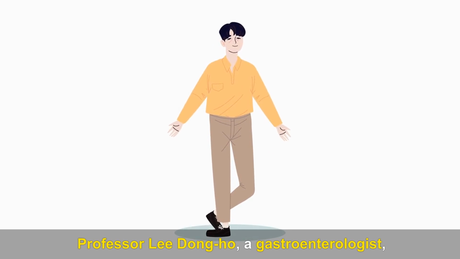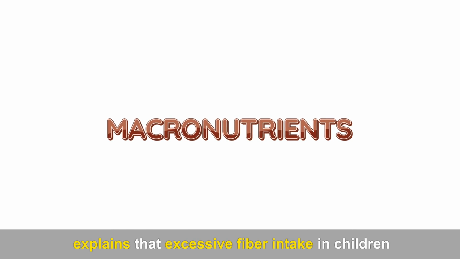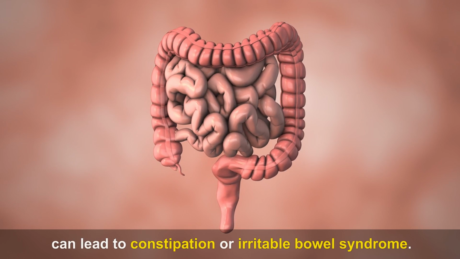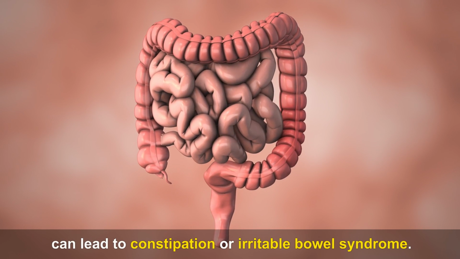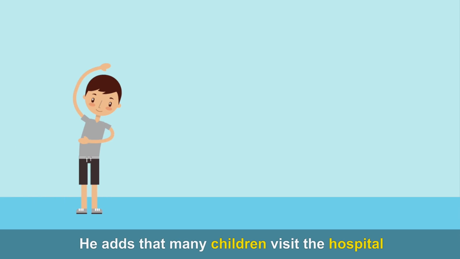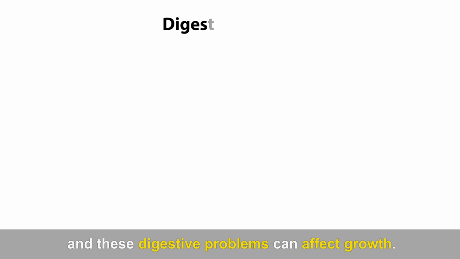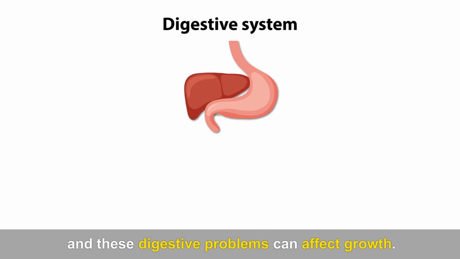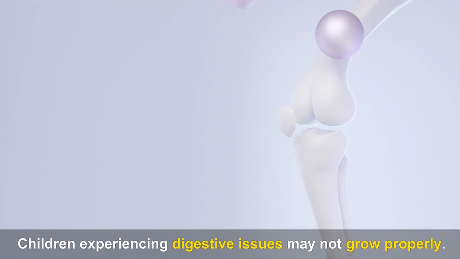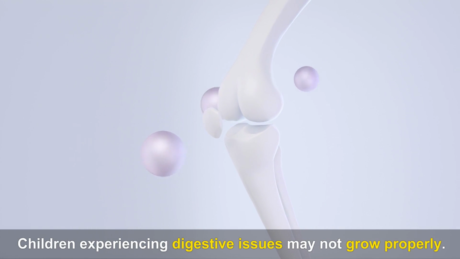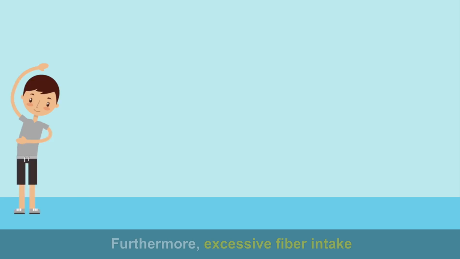Professor Lee Dong-ho, a gastroenterologist, explains that excessive fiber intake in children can lead to constipation or irritable bowel syndrome. He adds that many children visit the hospital due to digestive issues caused by fiber, and these digestive problems can affect growth. Children experiencing digestive issues may not grow properly.